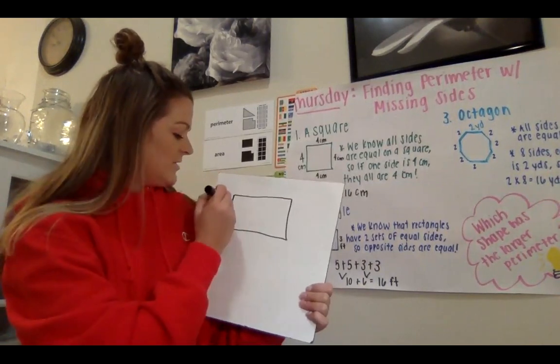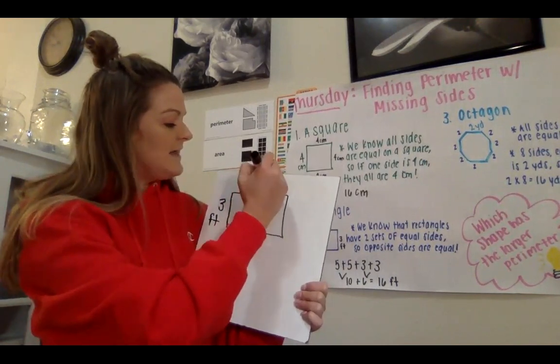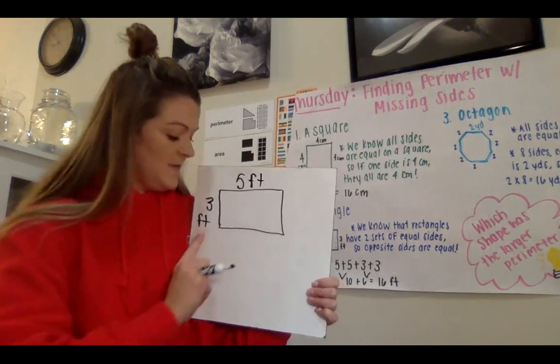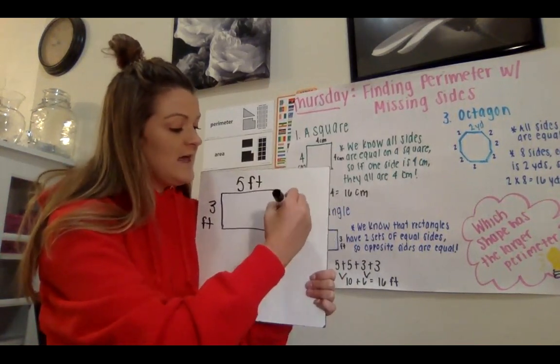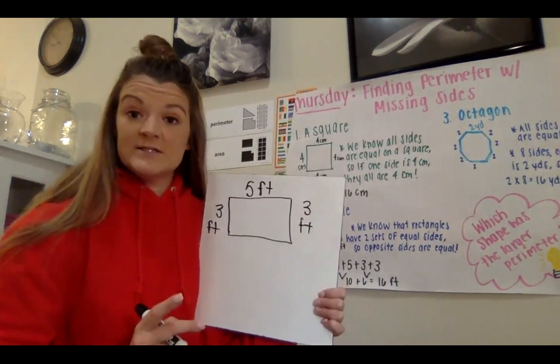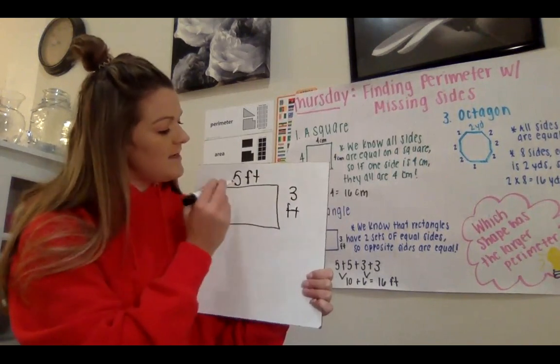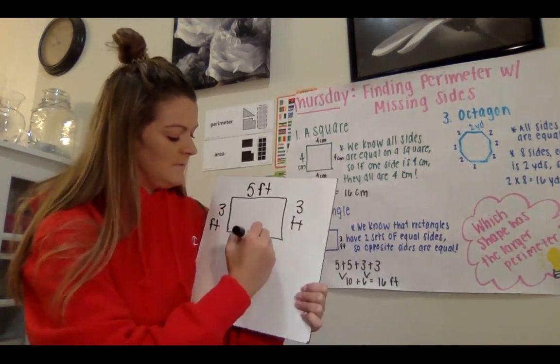So on this rectangle, I had one side that was 3 feet and one side that was 5 feet. If I know opposite sides are equal, if this side is 3 feet, this side is 3 feet. And remember, at home, you guys can pause me, go get a piece of paper, and draw some of these with me. If this side is 5 feet, this side is 5 feet.